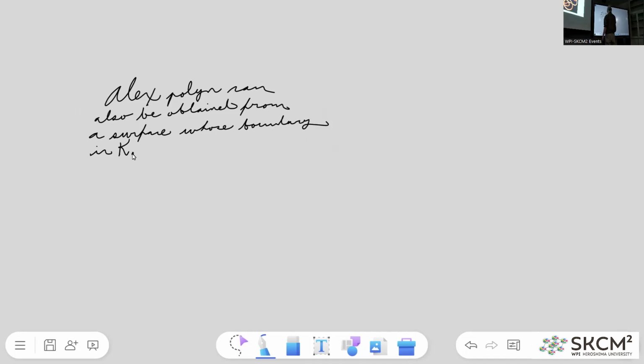And for the purpose of illustrating this, I'm going to draw a surface that's easy to look at, but may not be obviously giving you a boundary the trefoil knot.